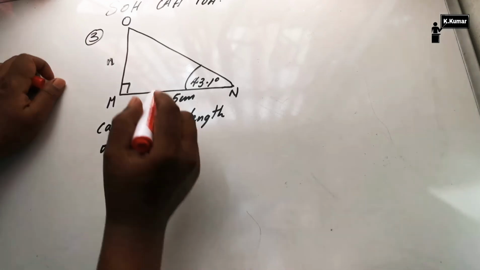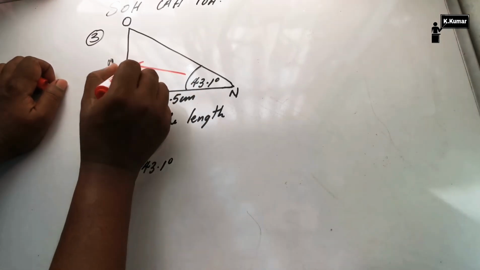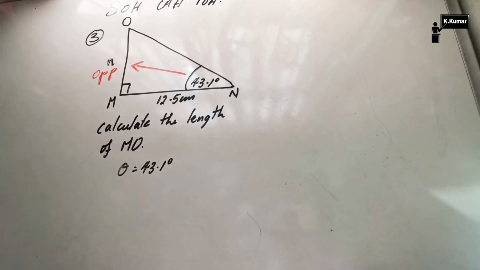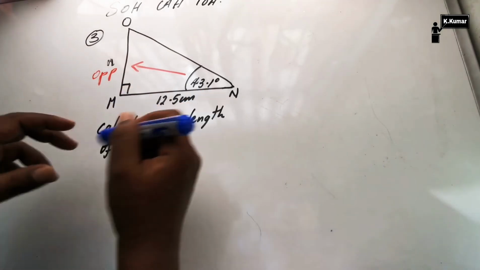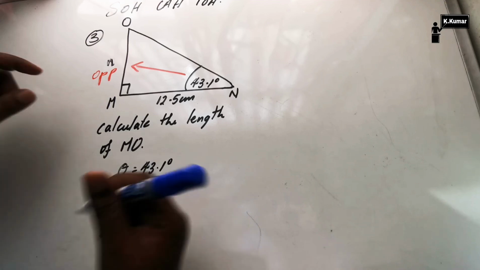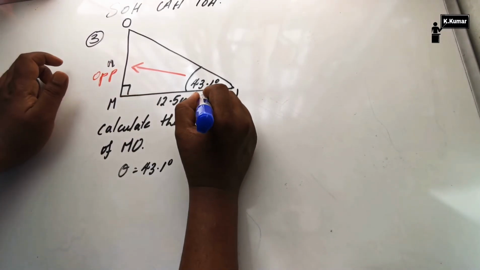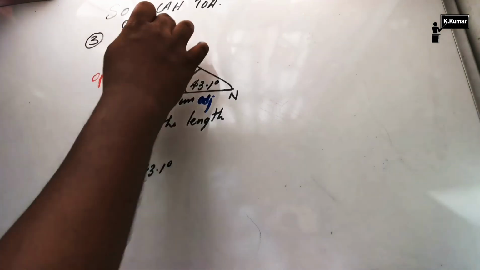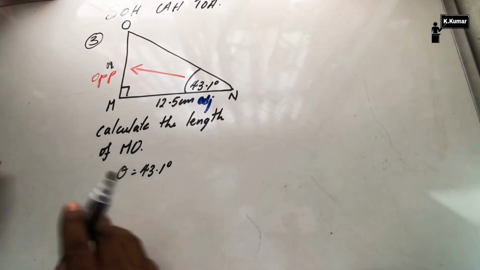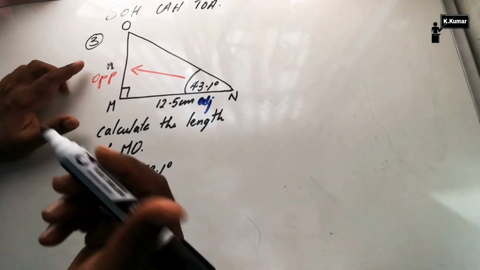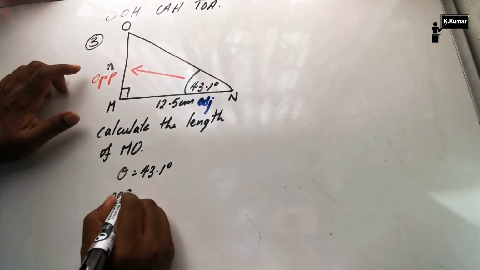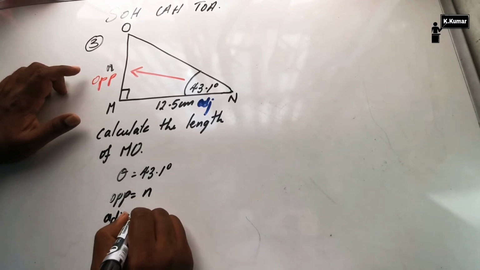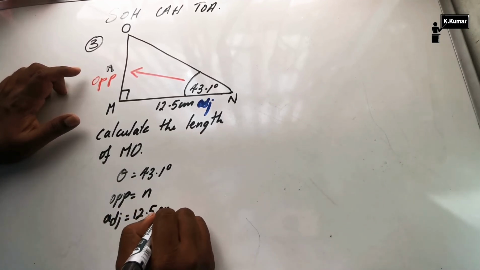Looking at this angle, this side becomes our opposite side, and the side next to the angle, 12.5, is my adjacent side. Notice in this one we weren't given any hypotenuse. So the opposite side is N, and the adjacent side is 12.5 cm.